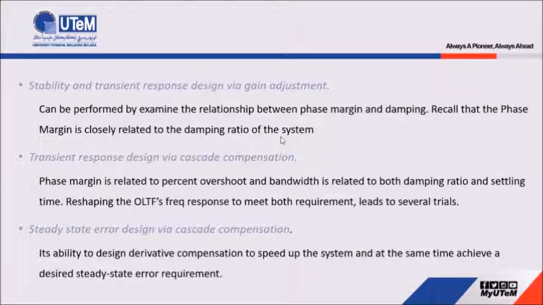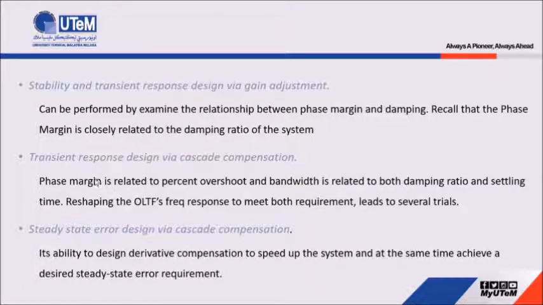In previous technique, we used root locus to find the stability and transient response of the system, where we look at parameters like Ts, Tp, settling time, peak time, overshoot, steady state error and so on. But for this analysis, by using this frequency domain technique, we can design via gain adjustment by referring to this phase margin, because from this phase margin we can calculate the damping ratio.